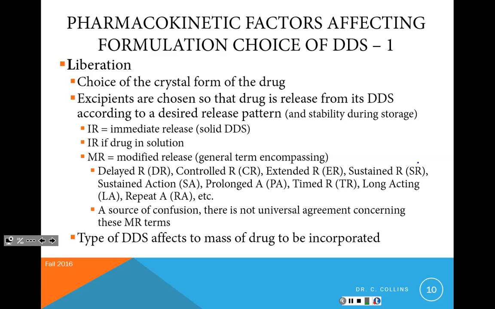And the type of drug delivery system that you choose depends upon how much drug you have to include. If a drug is very potent, potency on a drug relates to how much drug you need to give to see the desired pharmacological effect. The more potent it is, the less that quantity is. There are some drugs in their delivery systems that are in there in microgram quantities.